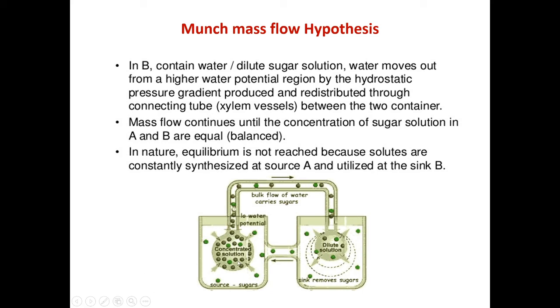Okay, so this is the source where the production of organic solutes takes place. So it is at higher concentration. Because of this higher concentration, a water potential gradient develops here, and here due to higher concentration you can find lower water potential, and outside higher water potential in the water container.